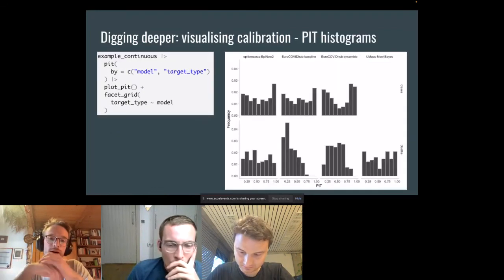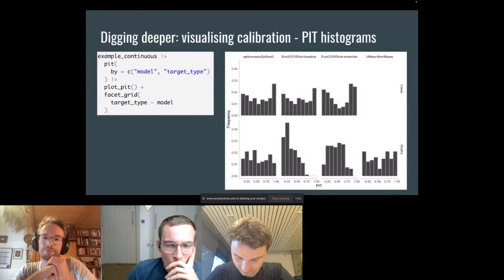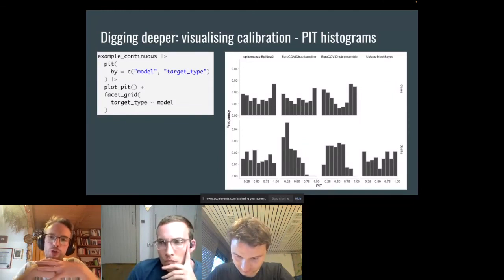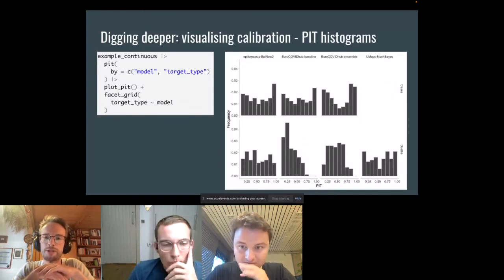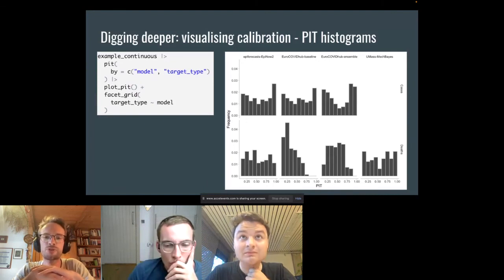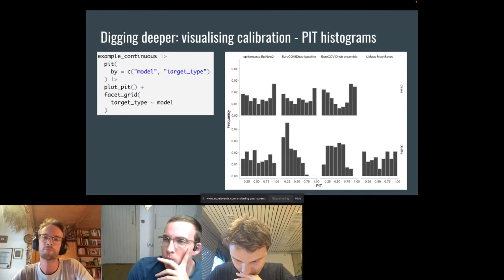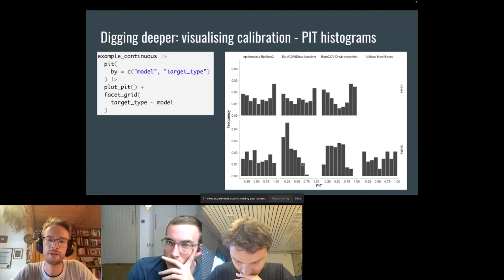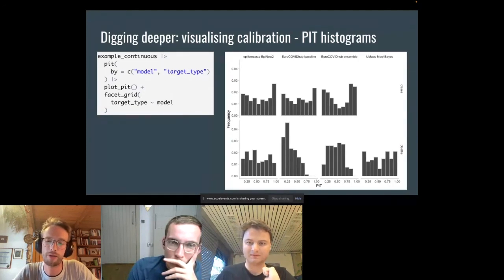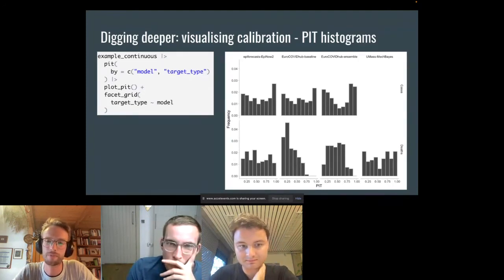You can visualize calibration. Not sure whether you're familiar with PIT histograms, but they are a way to visualize how well models are calibrated. And ideally, you want this distribution to be uniform. And if it's not, as here, for example, then that tells you specific things about ways in which your model may be miscalibrated.